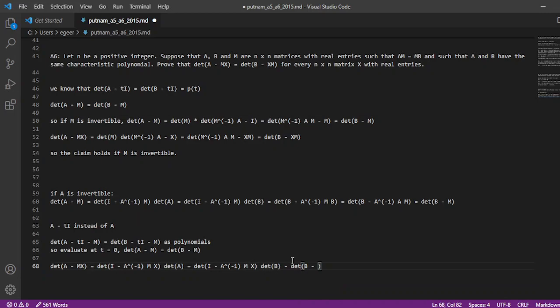But now if I'm trying to do this, I'm going to get A inverse Mxb, and A inverse Mxb is just not good enough.